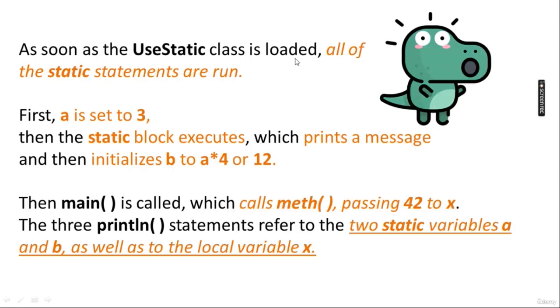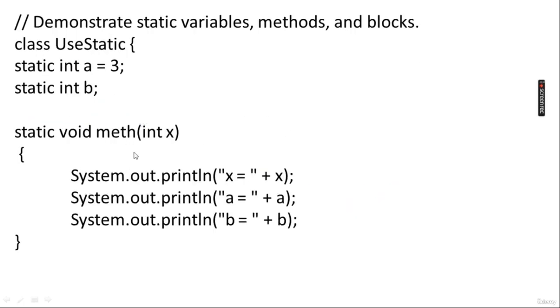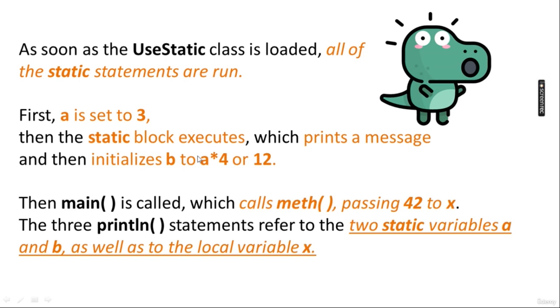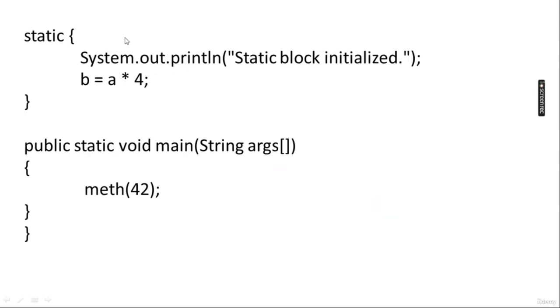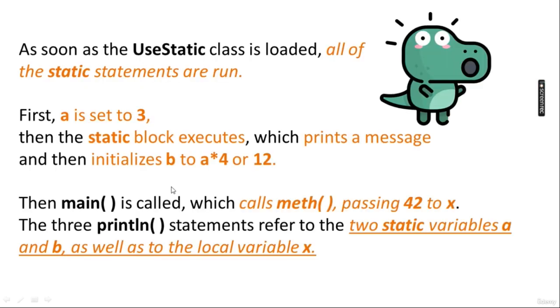As soon as your class is loaded, all of the static statements are run automatically without the use of an object. First of all, A is set to 3. Second, the static block executes, which prints a message and then initializes B to A into 4, or 12. Thirdly, the method call is run.